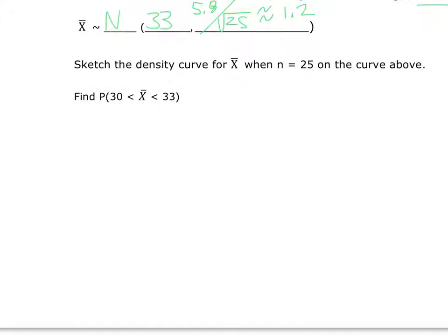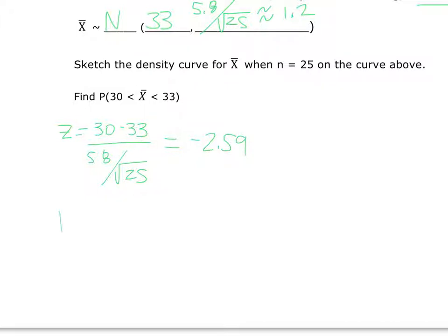Now let's find the probability of x bar when n is 25. Again, we have to find z-scores. So z equals 30 minus 33 over 5.8 divided by square root of 25. That's going to give us a z-score of negative 2.59.